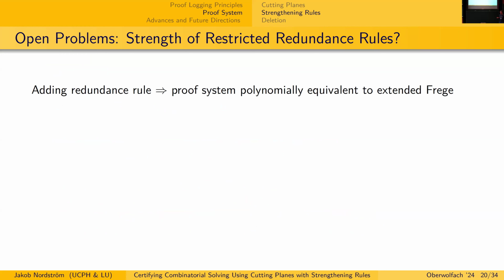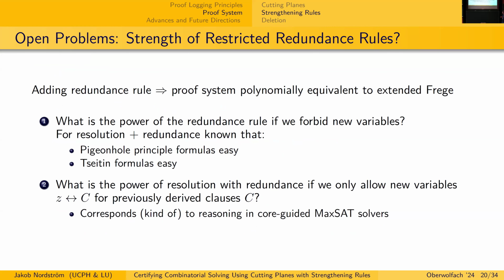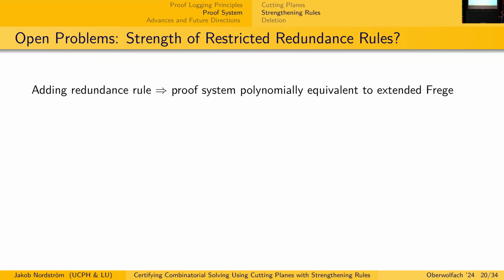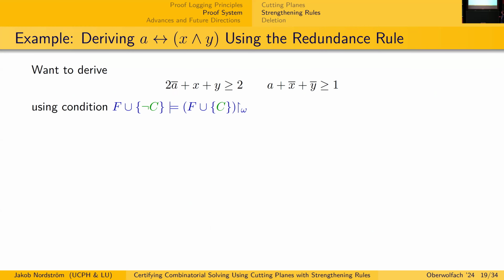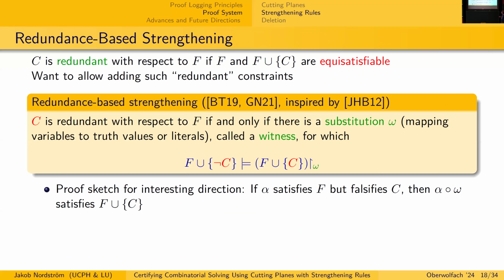And now, of course, you realize that we already have extended Frege. So proving lower bounds for this proof system is going to be hard. But there are two interesting cases where it is not clear to me whether they're hard or not. Note that the way this rule is formulated, we don't need new variables for it to make sense.